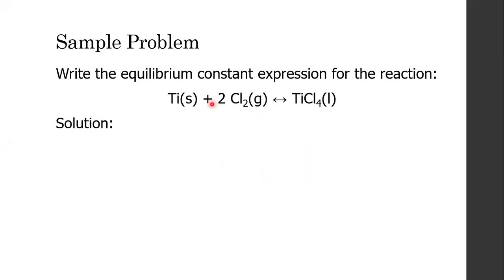How about this? Write the equilibrium constant expression for the reaction. You have titanium and chlorine in equilibrium with titanium chloride. For this particular example, I'd like to point out that we have solid, gas, and liquid phases here. When we write the equilibrium constant expression, we are supposed to ignore all the solids and all the liquids.